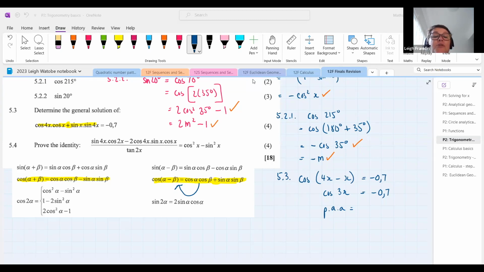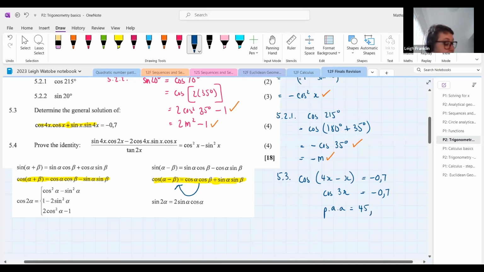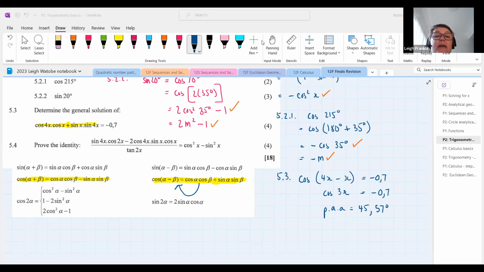Remember, it's got to be an acute angle. Yes, that's perfect. So it's going to be 45,57 degrees. You don't use the negative to calculate. How did I get the 3x? From 4x minus x. So 4x minus x is 3x. Does that make sense?